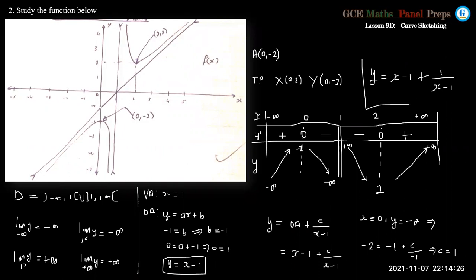And this is the curve of this. This is the function that we have sketched before. So this is this question. Are there any questions on this? I like this question.